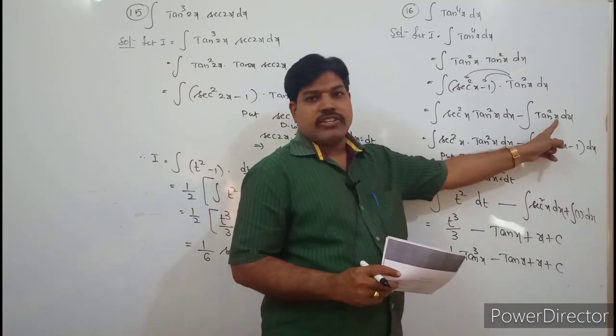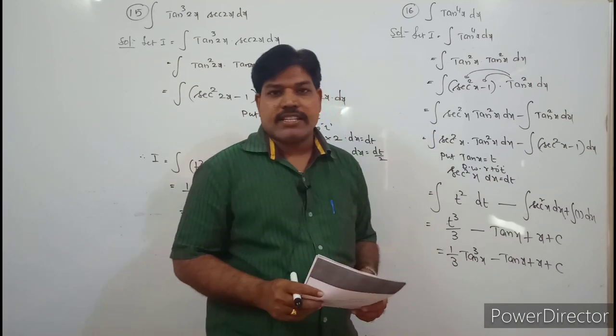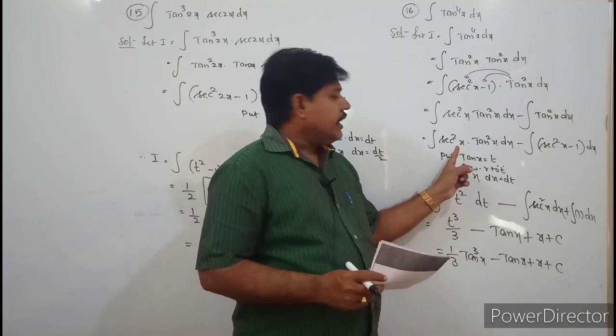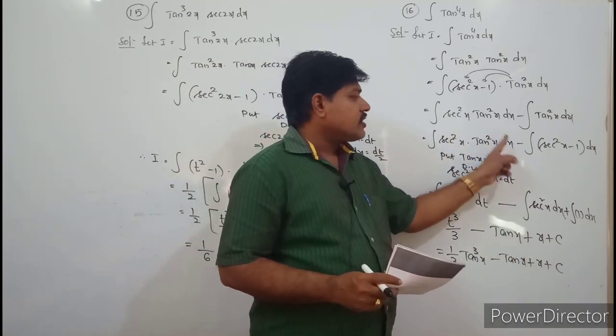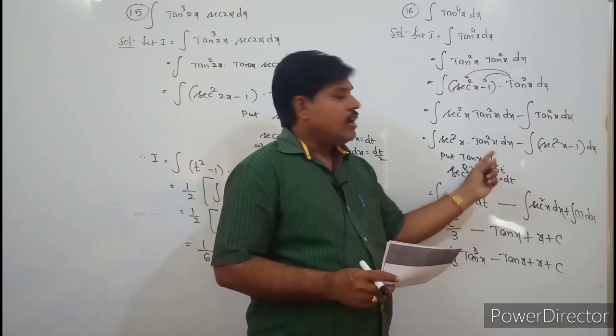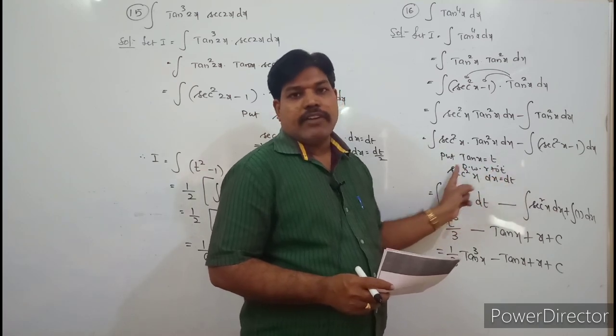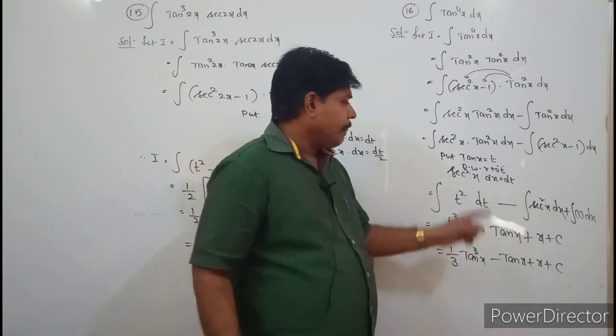This tan square x into dx you can write as secant square x minus 1. And here the integral of secant square x into tan square x into dx, how can you change that? I will change the independent variable. Tan x is equal to t, automatically differentiate with respect to t.